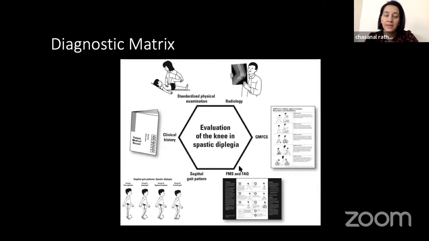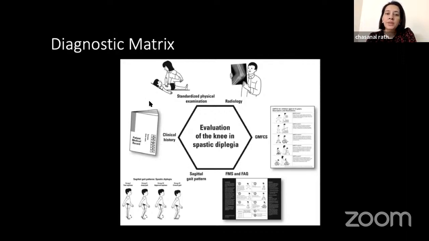The diagnostic matrix, introduced by Professor John Davids, one of my mentors, is a wonderful way to systematically organize a child with CP so that we can reach proper decisions and offer the best treatment and do justice for these kids.